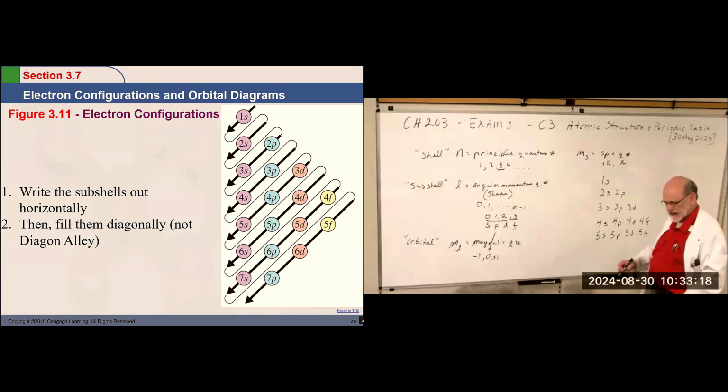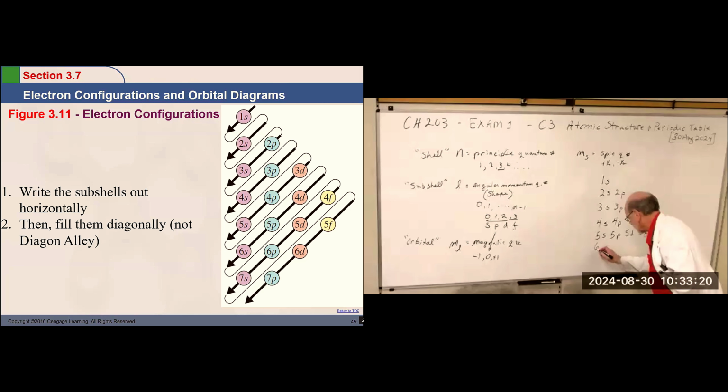So let's see, our example there goes to 6 and 7. So we can have S, 6, 7, 6, 7. Let's see, I don't think I need that 7 down there. This is a P, this is a D, and this is a P.